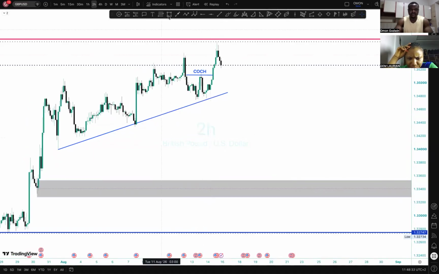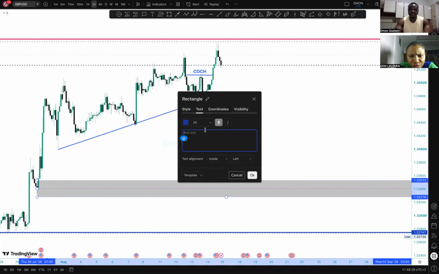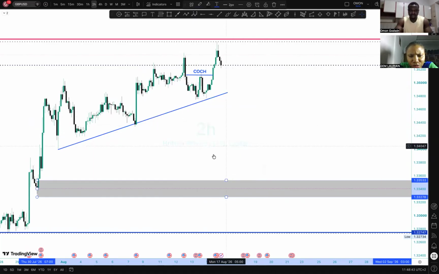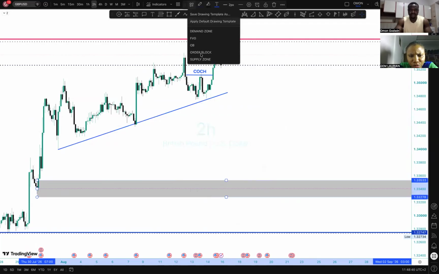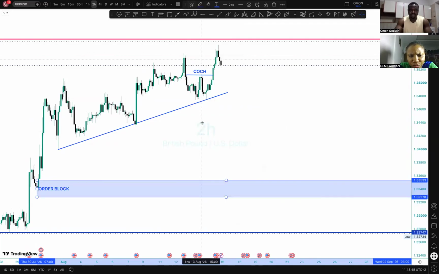Is it not a rectangle? Yeah. Where we have this rectangle, which is an order block. Let's just call it order block. Let me write it inside. Where we have this order block, click on it, and we'll put order block on it. Okay, the color has changed already.